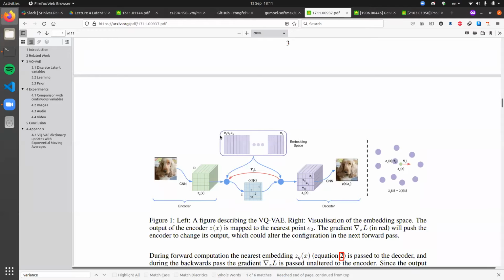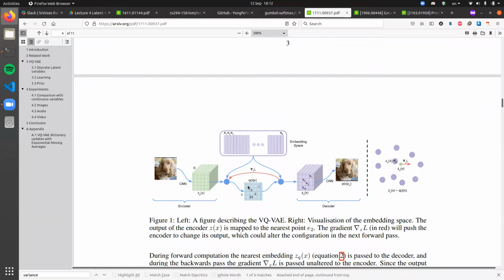A lookup table, and it has k vectors in it. And the latent representation of an image will be a grid with values which are bounded by this number k, right?